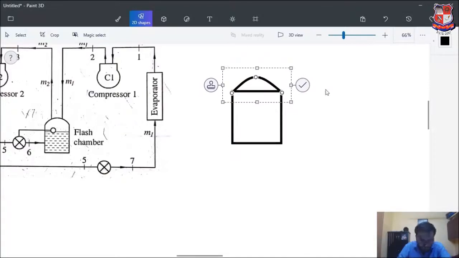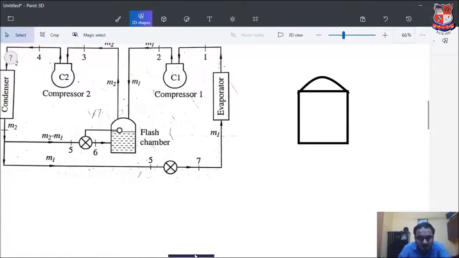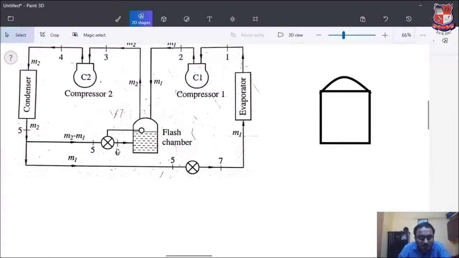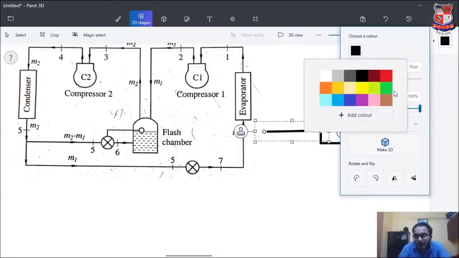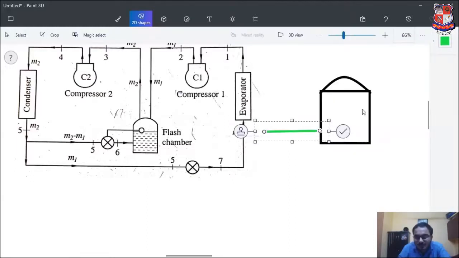Okay, so here if you see in this case, we need to see this figure. From here M2 minus M1 is coming, and that is from the condenser.